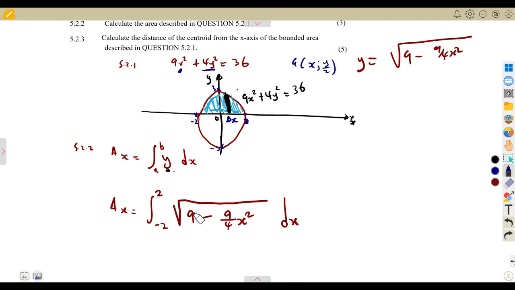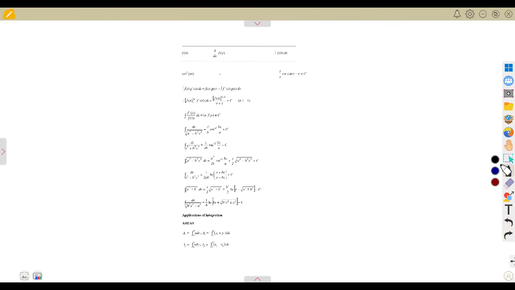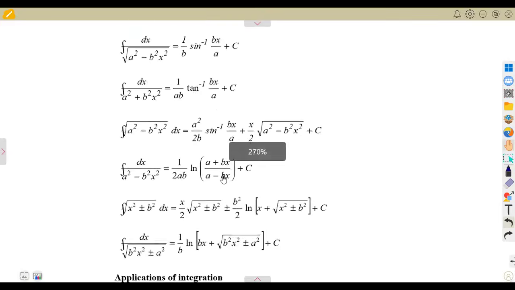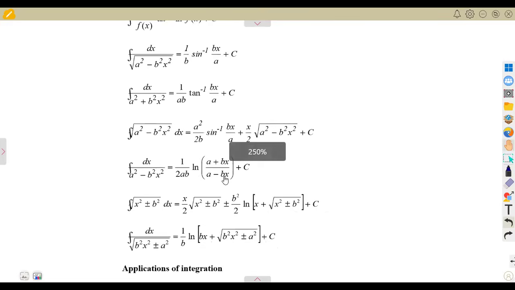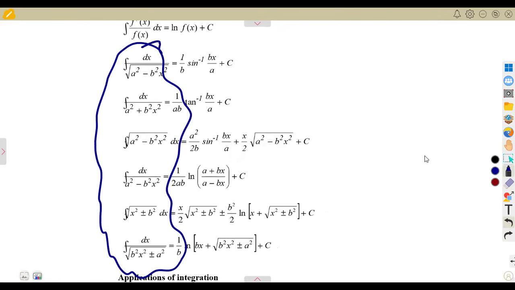So the only option left is, if you still remember, when we were working with integration by the completing of the square method, we had a condition like this, integrating something under the square root. I want to go through these integrals with you. We use them in the completing of the square method, and the same integrals can be used on this type of equation.